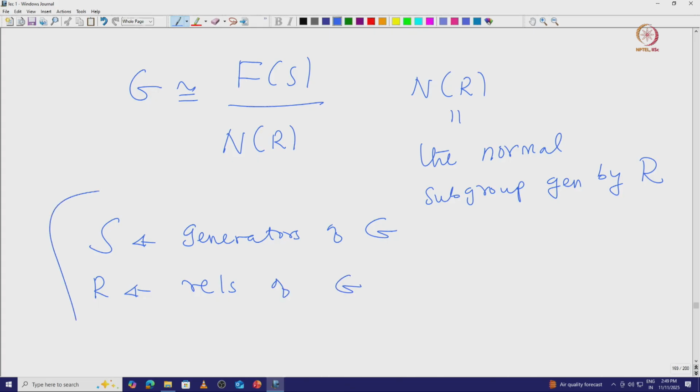So, of course, we will be able to come up with various different sets of generators as well as various different sets of relations. So, these relations are supposed to be in terms of the generators that we have chosen. So, they are like some equations that you get from the group G. Okay.